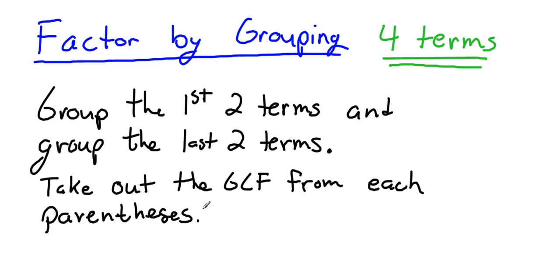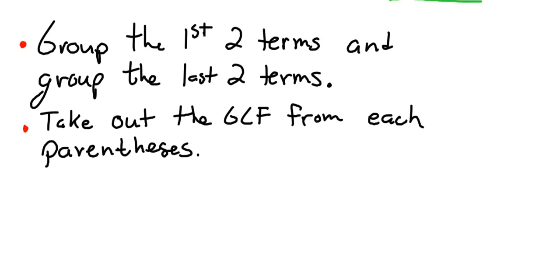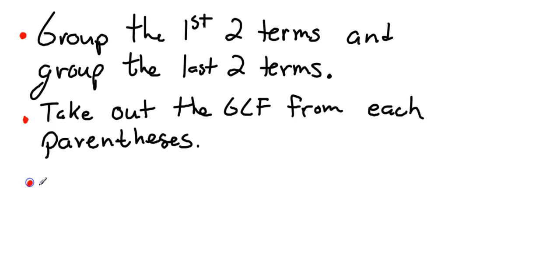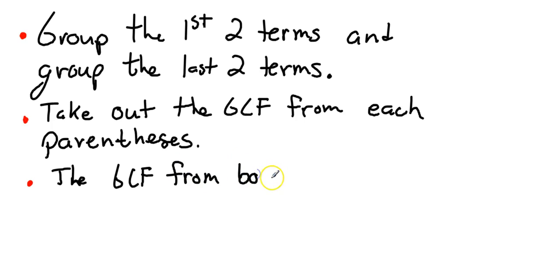Okay, and then the last thing you do with this one is that you're going to basically put the GCF. So that's your first step, group the different pairs. Take out the greatest common factor. And then the last part where you put it all together is the GCF from, let's say, both pairs.